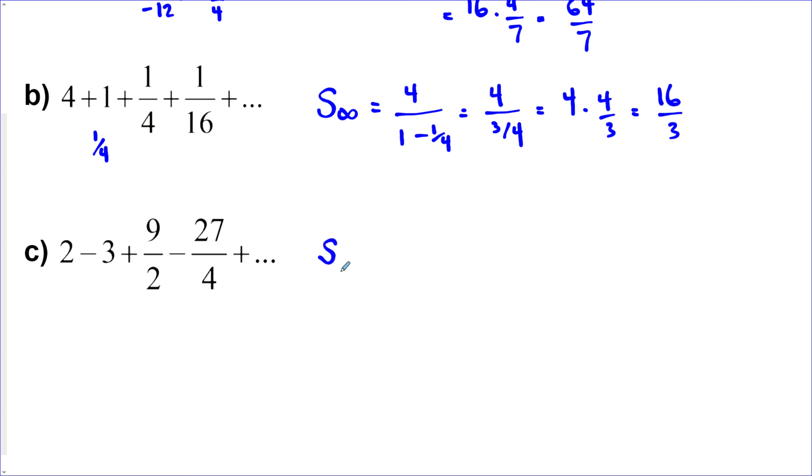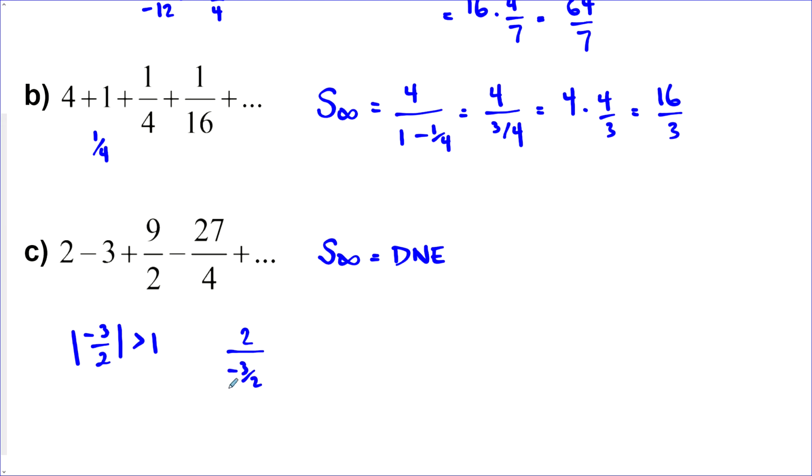So our sum here is our first term, and then we find our r, and it's negative 3 over 2. But the absolute value of this is greater than 1. So that means that our sum does not exist. Careful with this, because if you actually tried it, it looks like it's going to give you an answer.